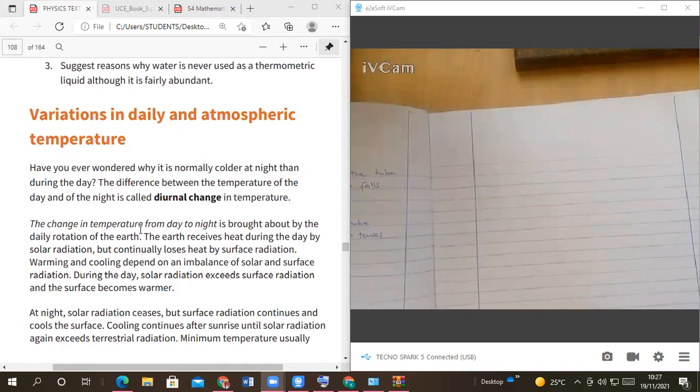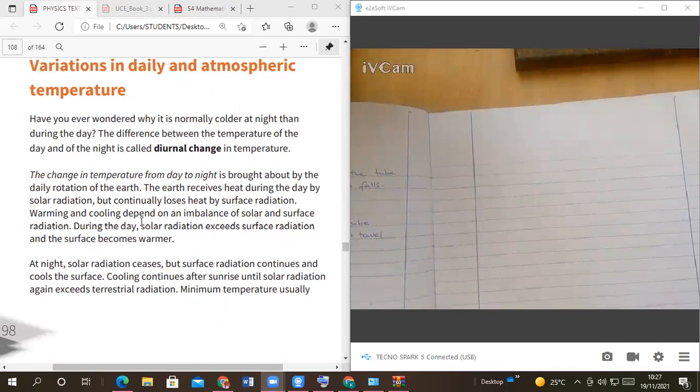We looked at what we call the diurnal change, and the diurnal change is the difference between the temperature of the day and the temperature of the night. During the day, the temperature is quite high compared to night hours. Sometimes the day becomes so hot.